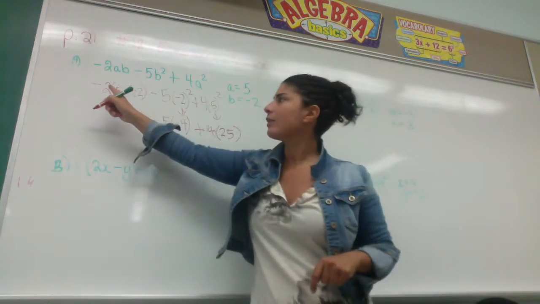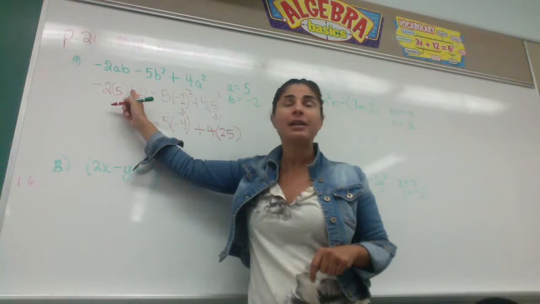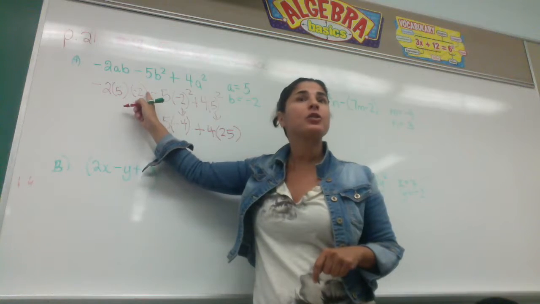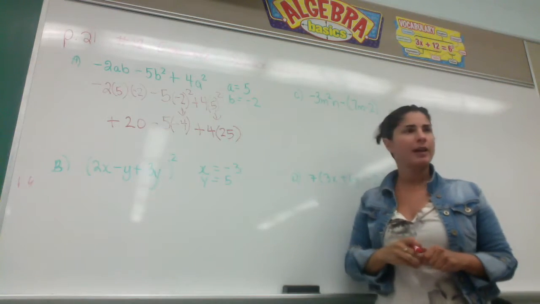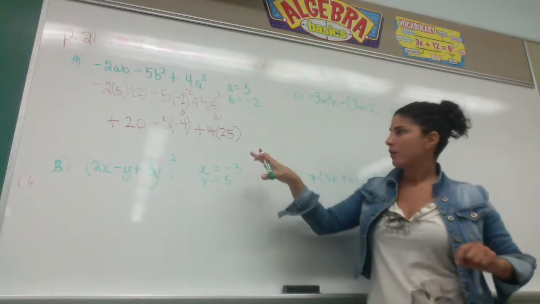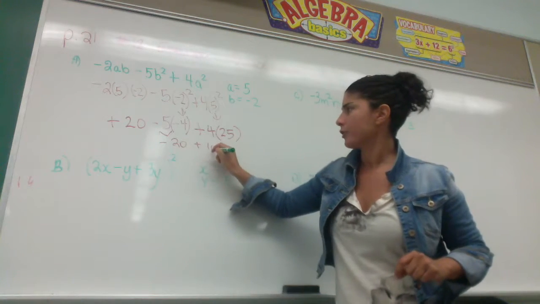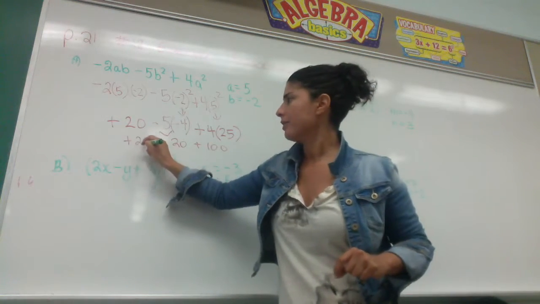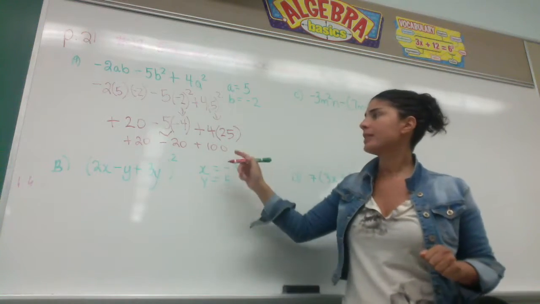I'm going to carry down the next one. Negative 2 times 5 is negative 10. Negative 10 times negative 2 is positive 20. So far, do I have all of your agreement? You agree with this? Okay, good. Now I'm going to multiply here at negative 20, and this is plus 100. So my last line here is 20 minus 20, which is 0, plus 100.